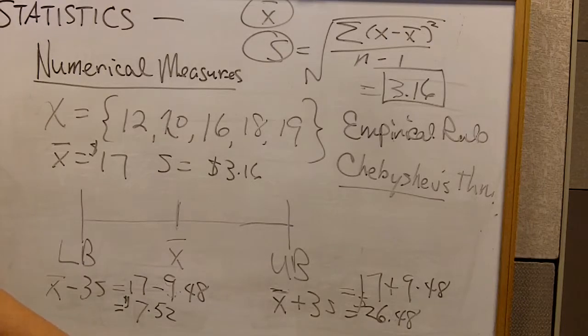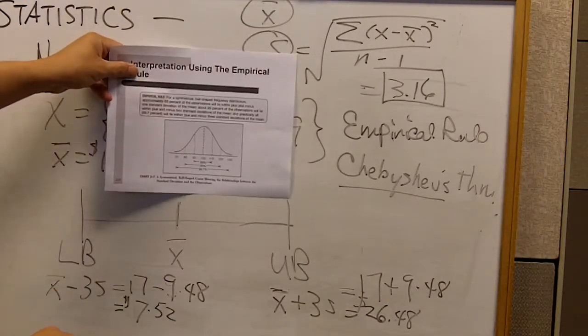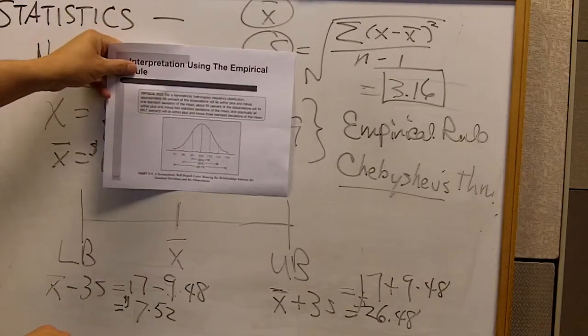But why might we need another rule? That's called the Chebyshev rule or theorem. It is used when we don't have a symmetrical distribution. A symmetrical distribution looks like this diagram, and we call it a bell-shaped curve.